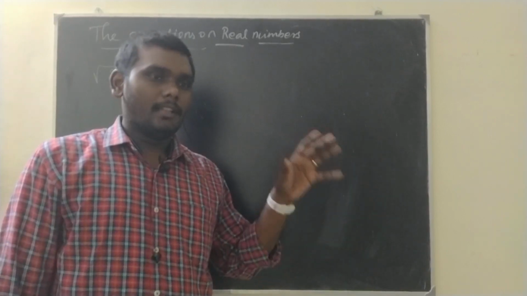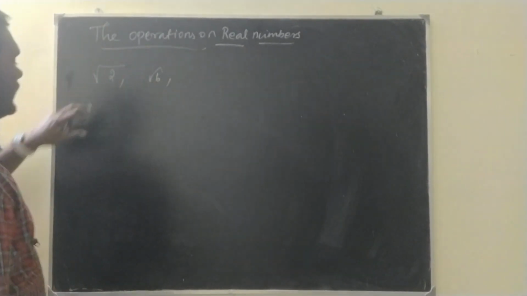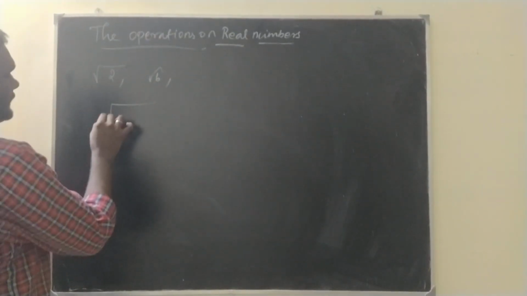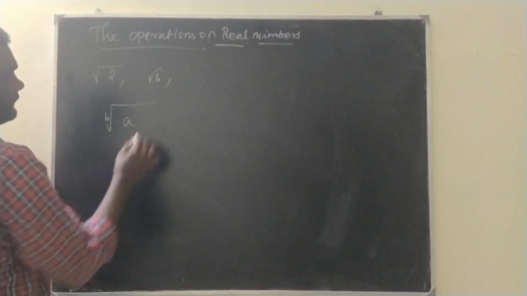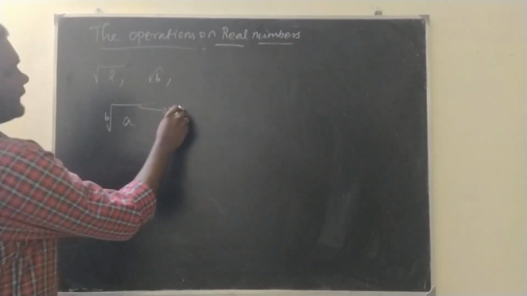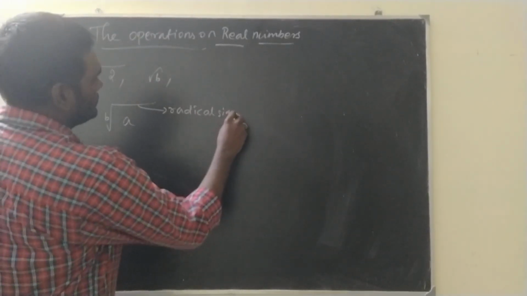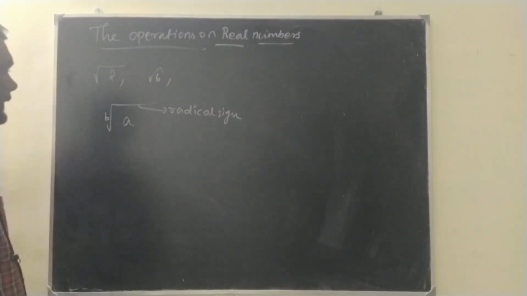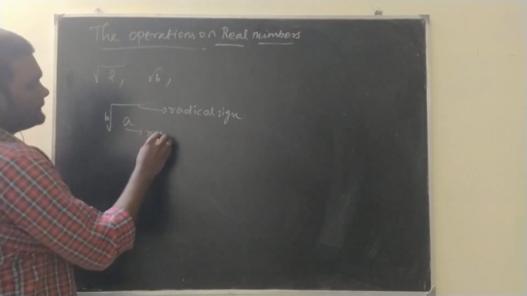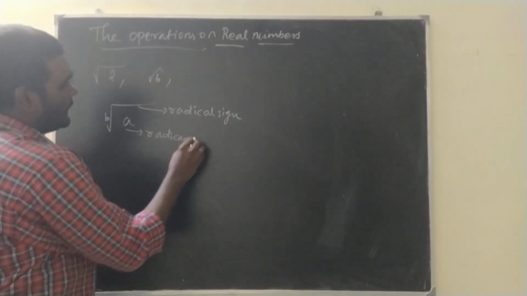In this, there is one notation. This sign is called the radical sign. What sign? Radical sign. And this is called the radicand.